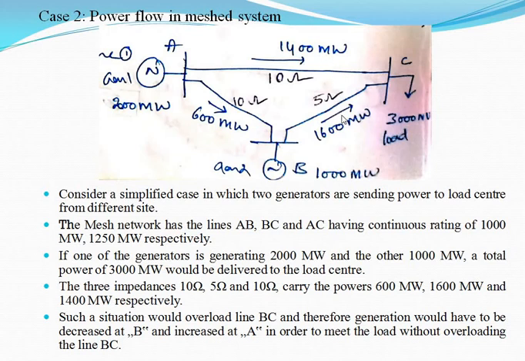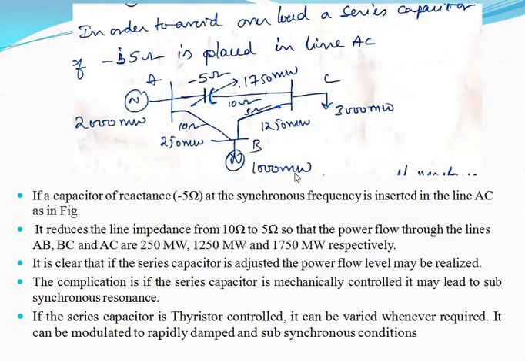Total 3000 megawatts would be delivered to the load. That means in these situations, you have to increase the generation at area 1, and you can reduce the generation at generator 2.